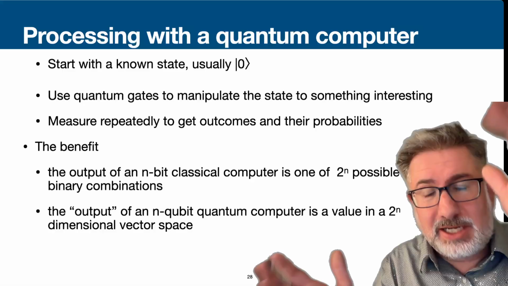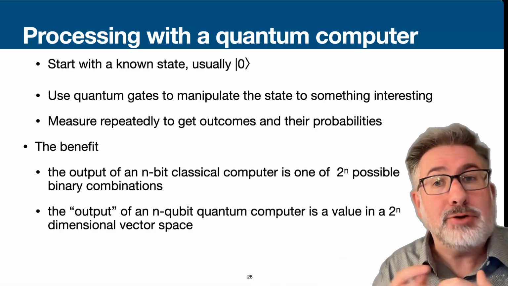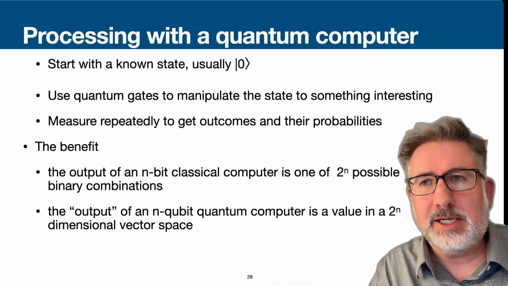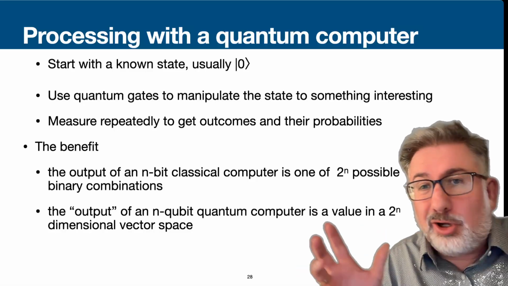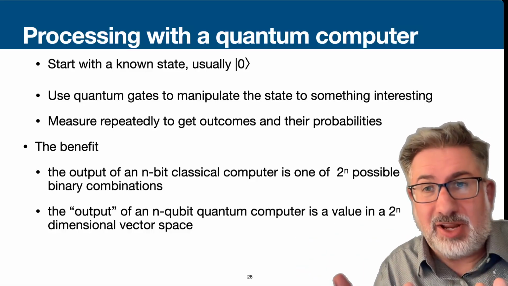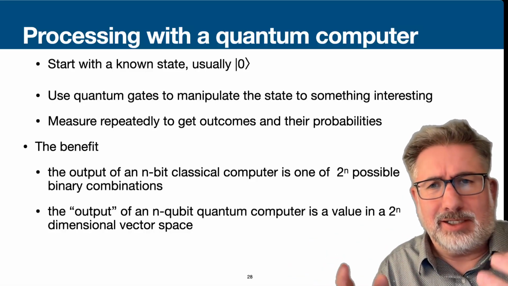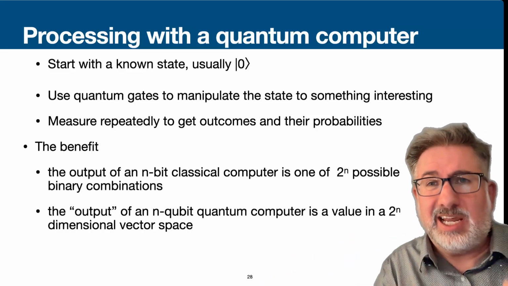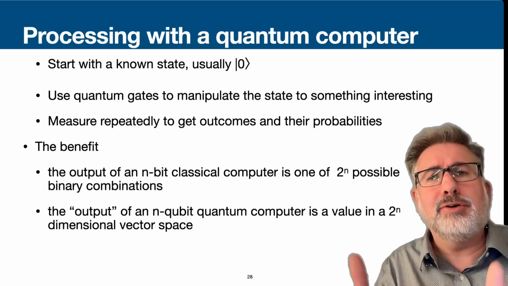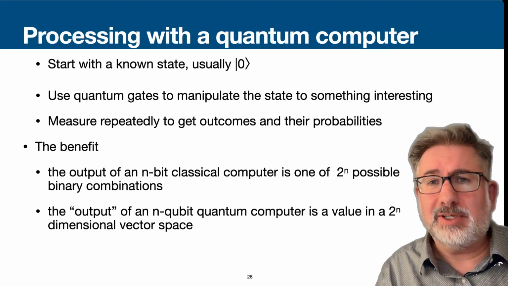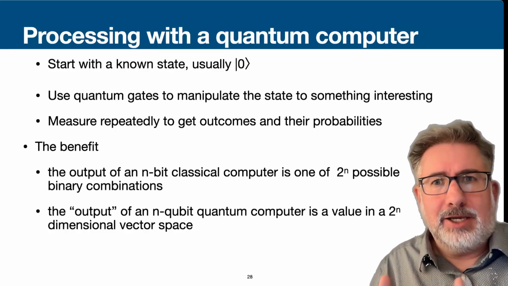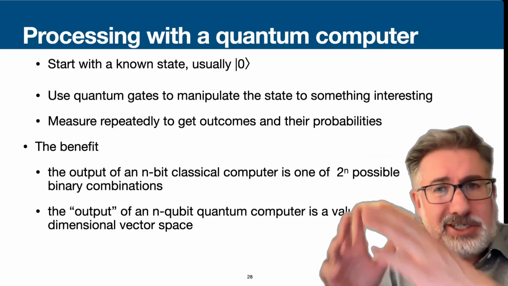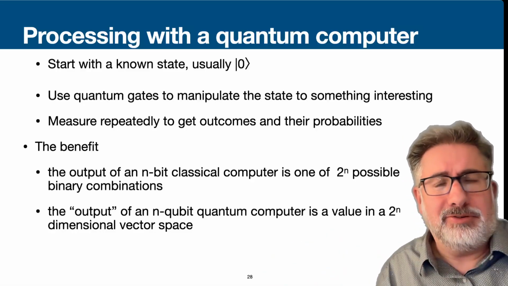So before we do that, though, a summary of how you actually work with quantum computers. You're going to start all your qubits in some known state, usually up 0. You're going to use quantum gates to manipulate the state to do something interesting, and then you're going to measure the output of these qubits repeatedly in order to ascertain the probability distribution of the outputs.